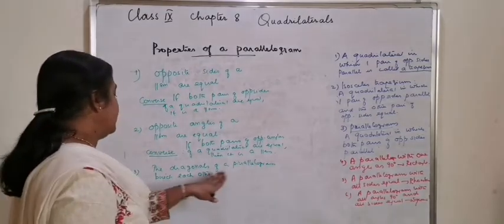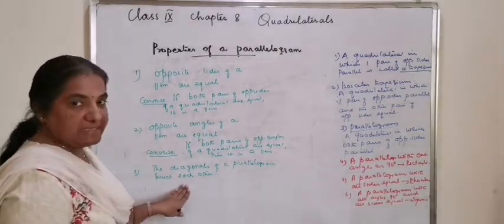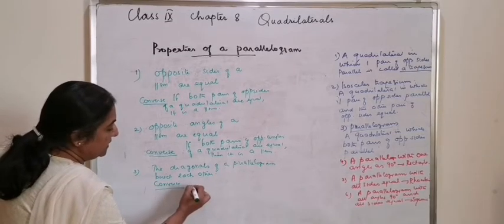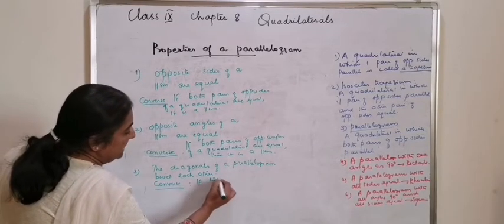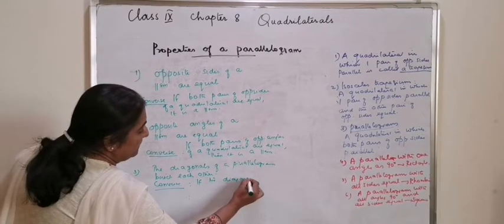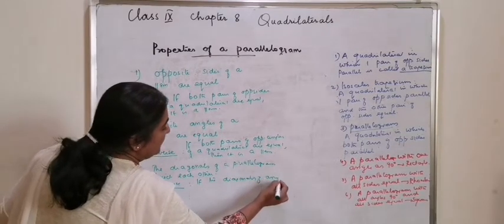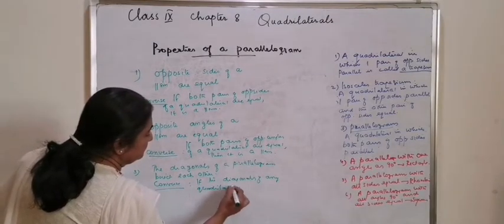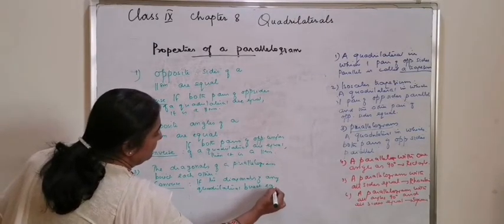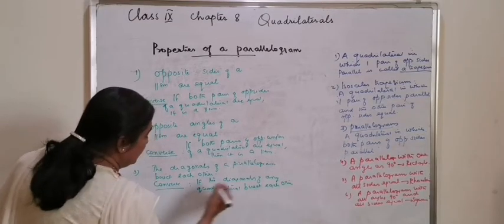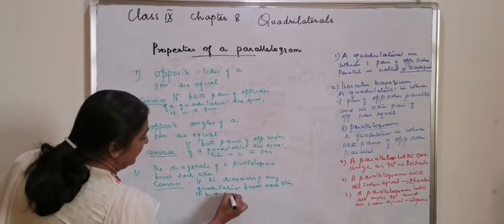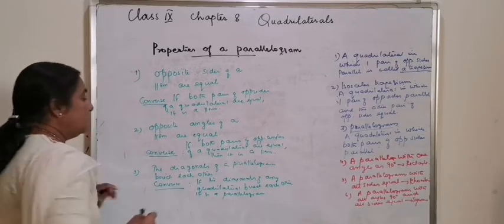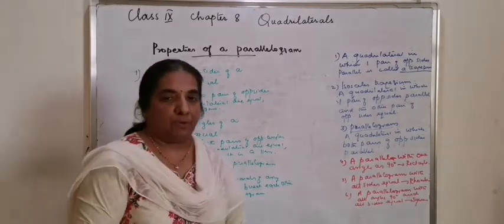So, what is the converse statement of it? If the diagonals of any quadrilateral bisect each other, it is a parallelogram. These are the three basic properties.